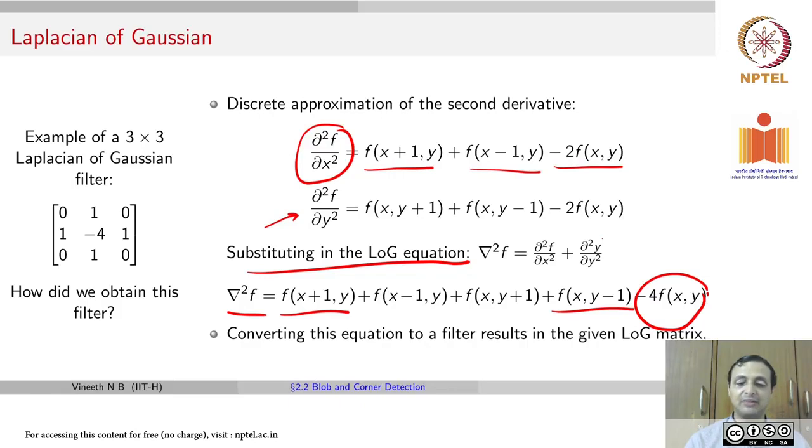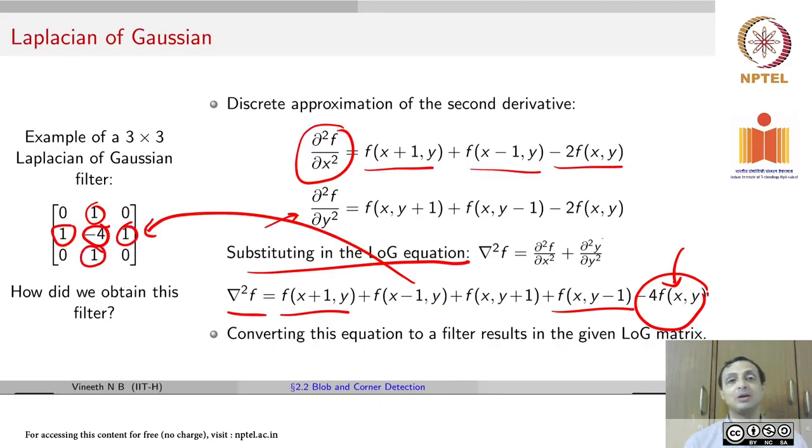This should straight away ring a bell as to why you got this kind of a filter. Remember, at f(x, y), the coefficient is -4. At its neighbors, x+1, x-1, and similarly y+1, y-1, the coefficient is 1. So this simply came from taking an approximation of the gradient.